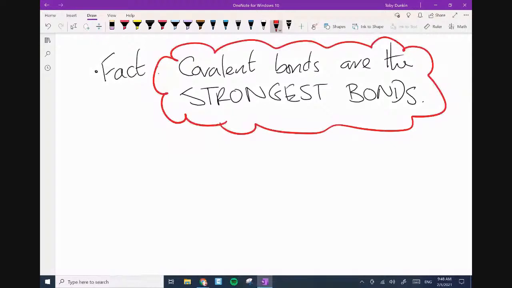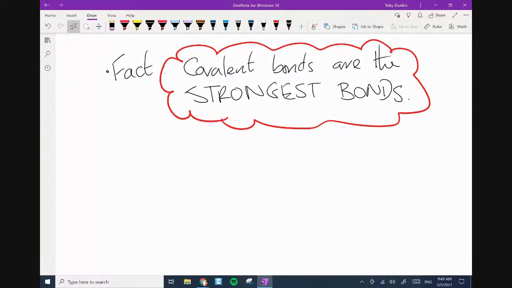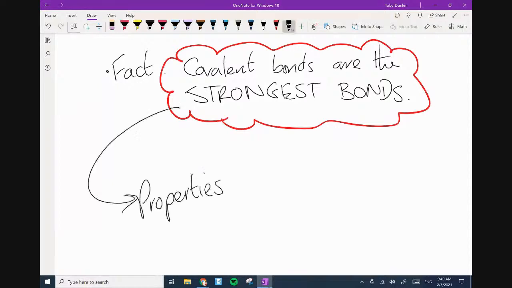So what that means is that this should infer a property. If you have the strongest bonds, what property or properties could we predict? Does anybody want to contribute on the chat?